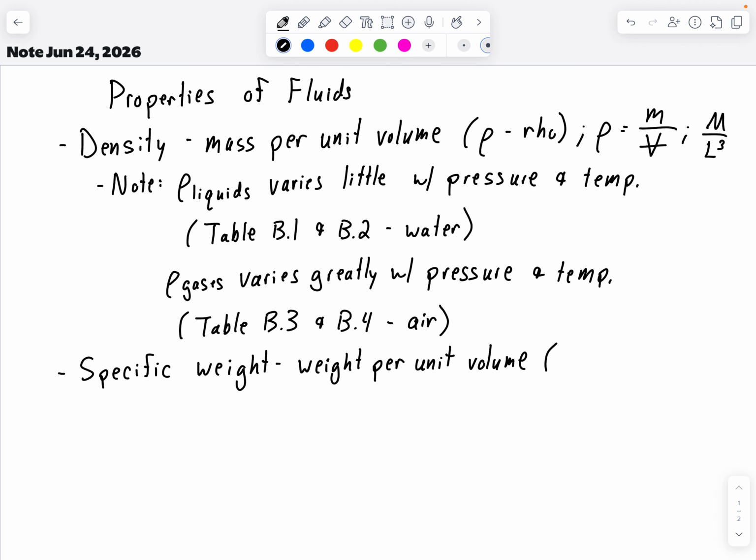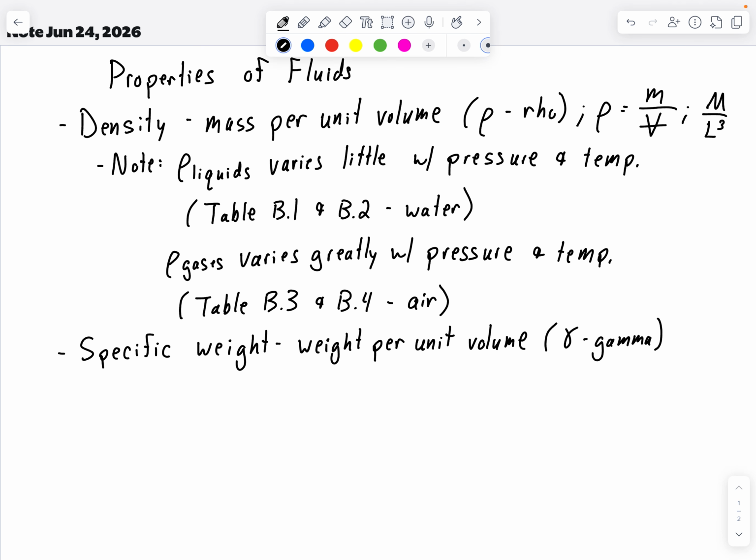And this is denoted by this lowercase Greek letter gamma. Gamma is equal to the density of the fluid times gravity, and the dimensions of specific weight are force per length cubed. So, for example, you'd have some weight, perhaps in newtons, per volume, so force per length cubed.